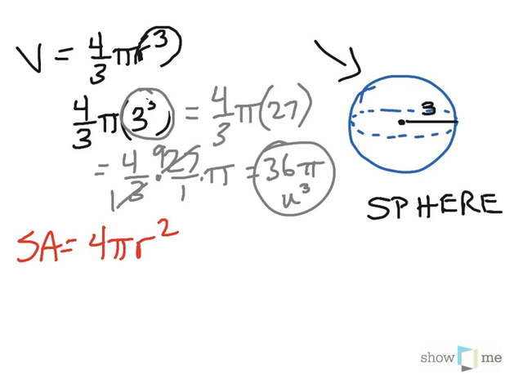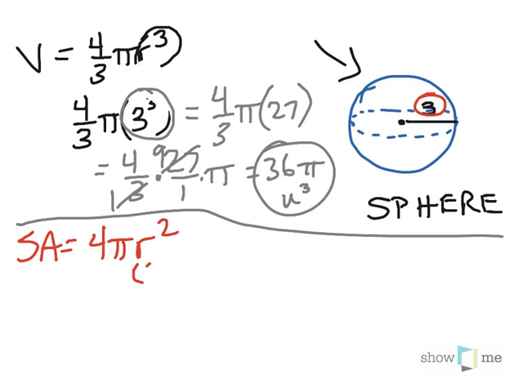Okay. Now surface area, don't assume this is any worse. It's a little tougher to remember because you just don't see it that often, but the radius is 3. Okay, I got that right there. So I can put the radius right here. Here's my formula. It's basically the same kind of thing. I don't have a fraction, and I got one less exponent. So this is 4 pi times 3 squared.